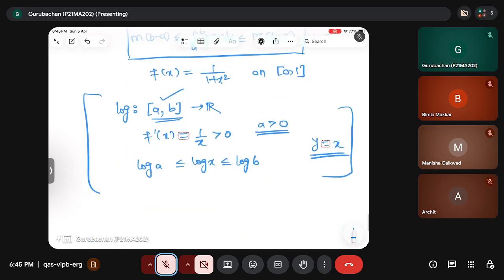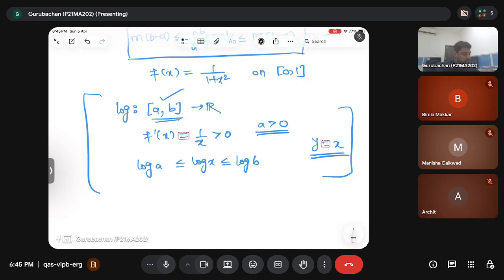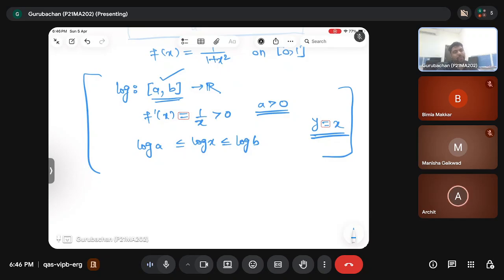So have you been able to decide whether it is an increasing function or a decreasing function? Obviously, it is easy. It is a decreasing function. So f dash x will be negative, since the interval is positive anyway.